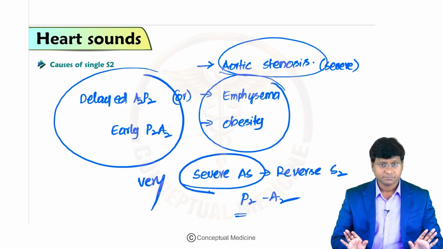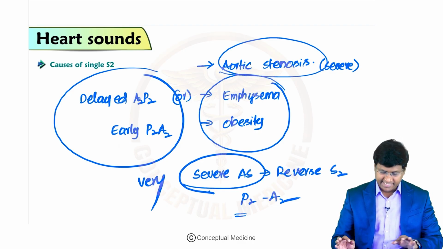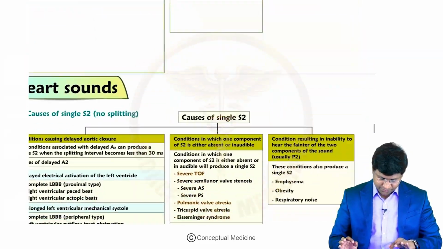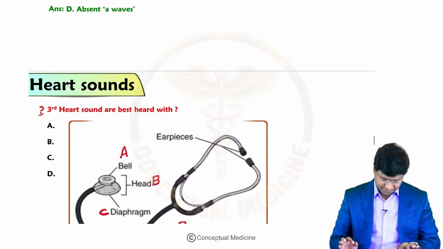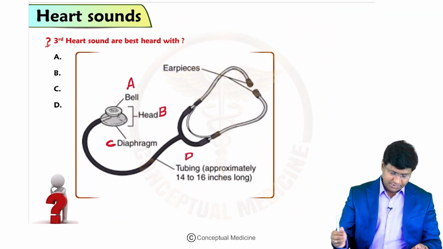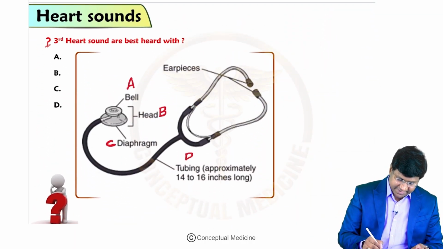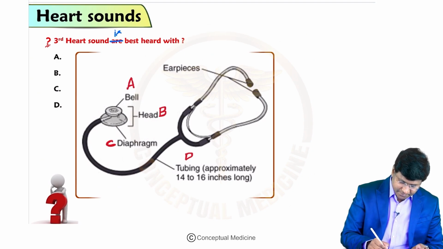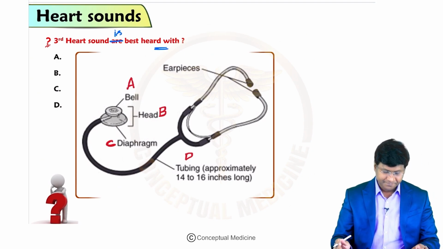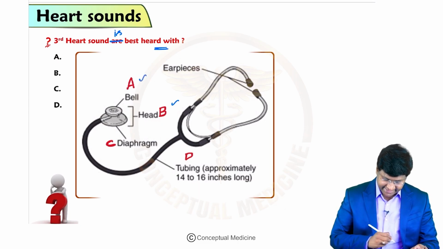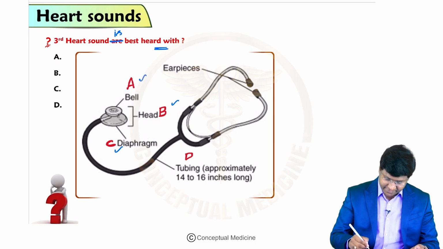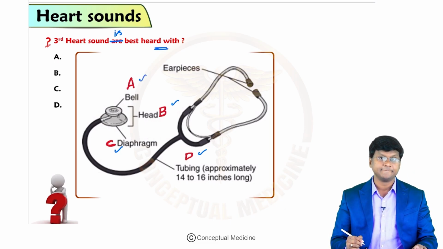Okay, right. Now after having discussed the second heart sound, let me tell you about the third heart sound. Third heart sound is best heard with: option A, bell; option B, head; option C, diaphragm; option D, tubing.